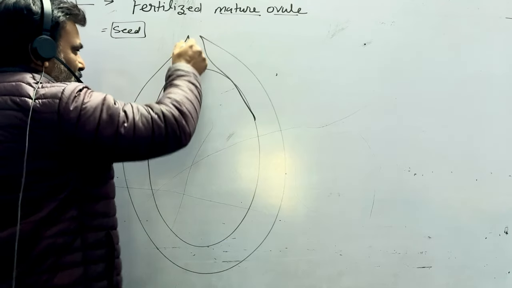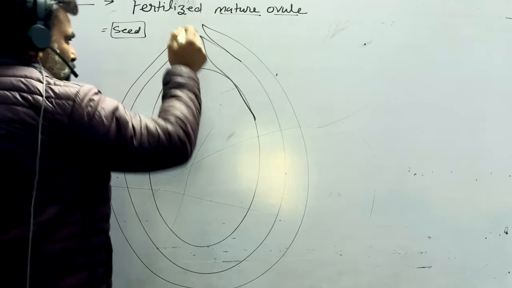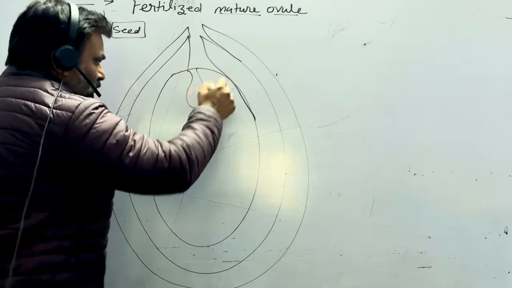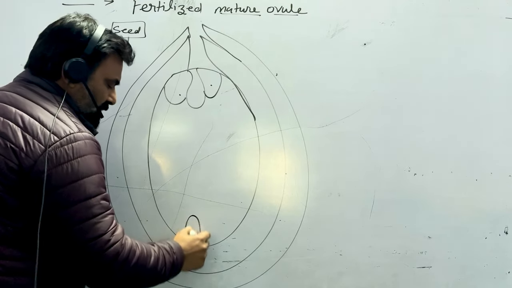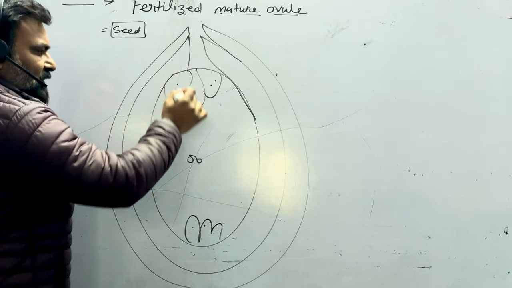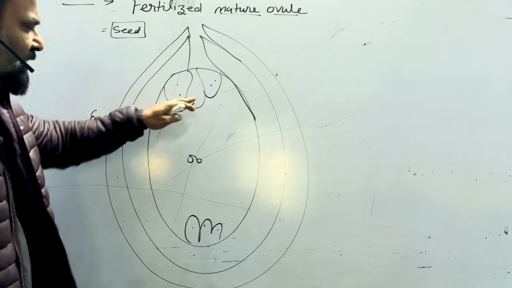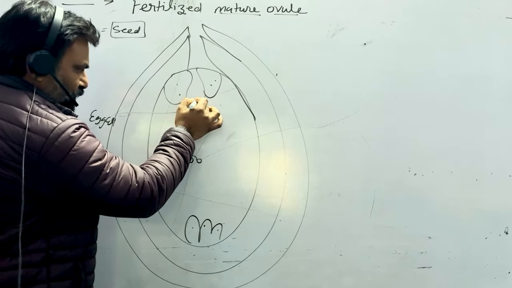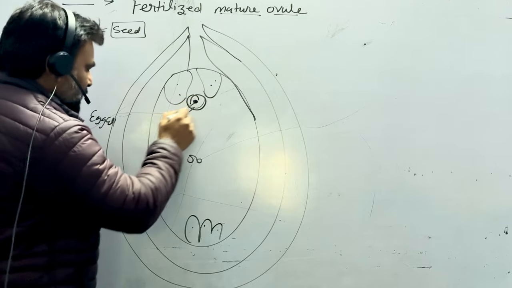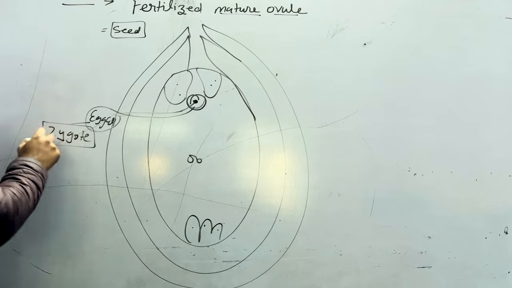For example, this is the ovule, and these are the cells present in the ovule. These are the synergid cells and this is the egg cell. During fertilization, a primary male gamete fertilizes this egg cell and converts it into a zygote.